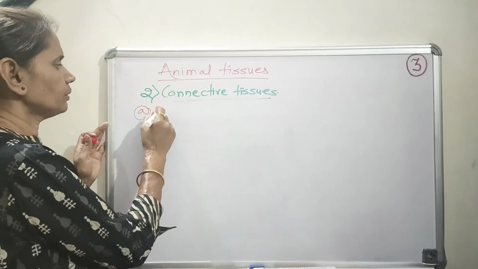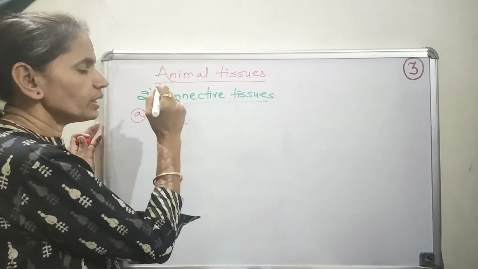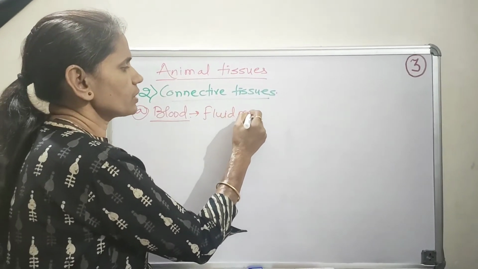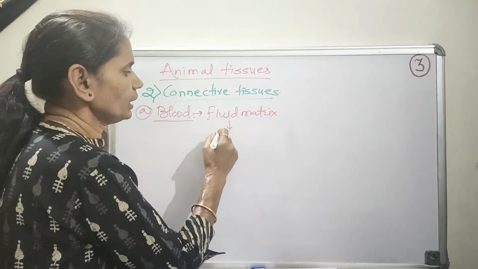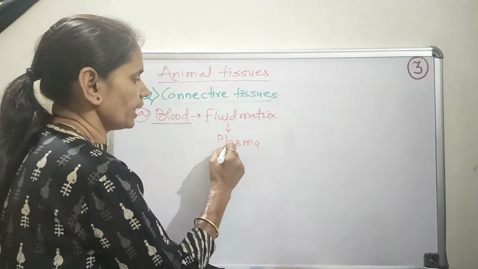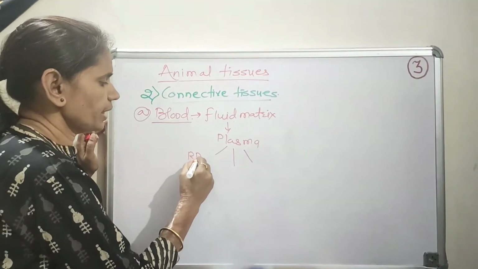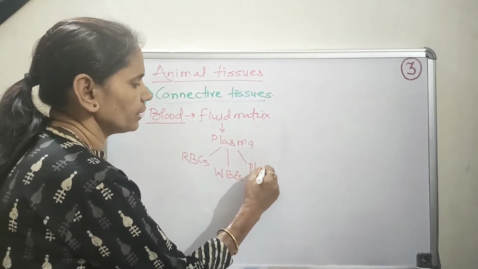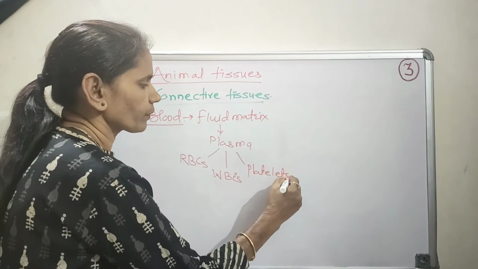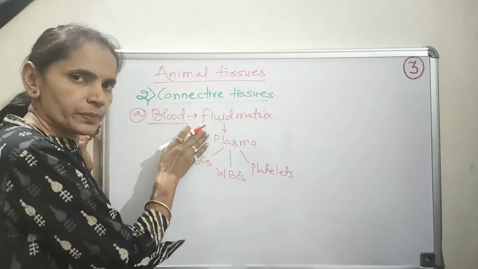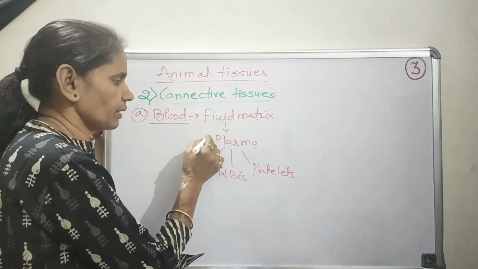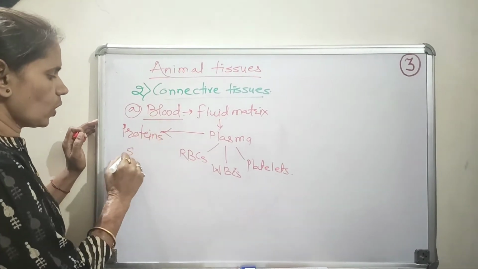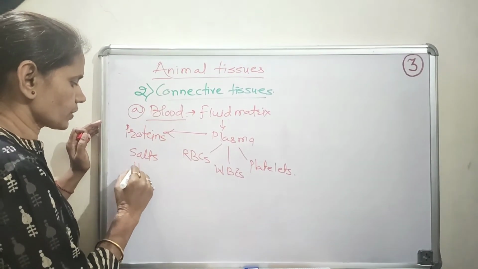The first one is blood. This connective tissue has a fluid matrix, known as plasma. In this fluid matrix, the blood cells, that is RBCs (red blood corpuscles), WBCs and platelets, are embedded or suspended. This plasma consists of proteins, salts and hormones.